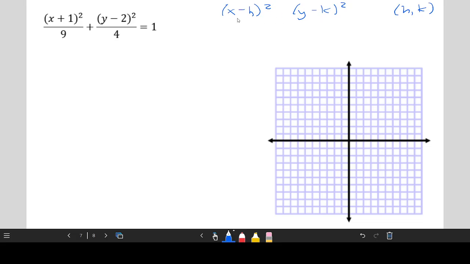So h and k are what's being subtracted. So here 2 is being subtracted from y, right? So we know our center is going to have a y coordinate of 2 because it's y minus k and it's y minus 2, so k is 2. This doesn't say x minus something, but it would be x minus negative 1, and so h is negative 1 for this one.